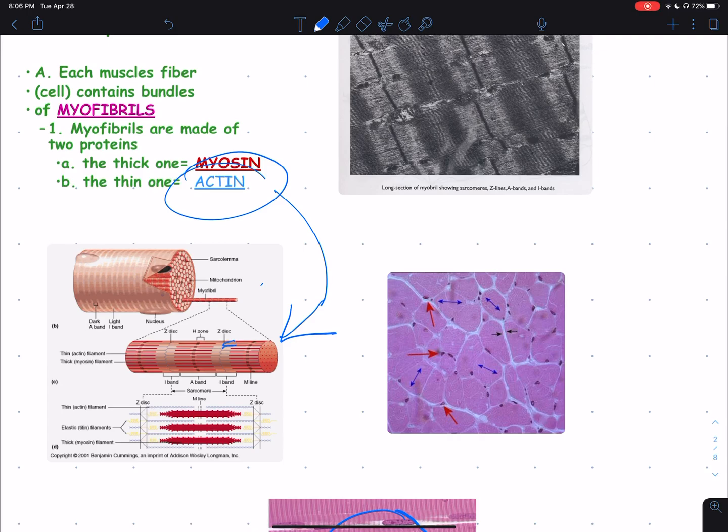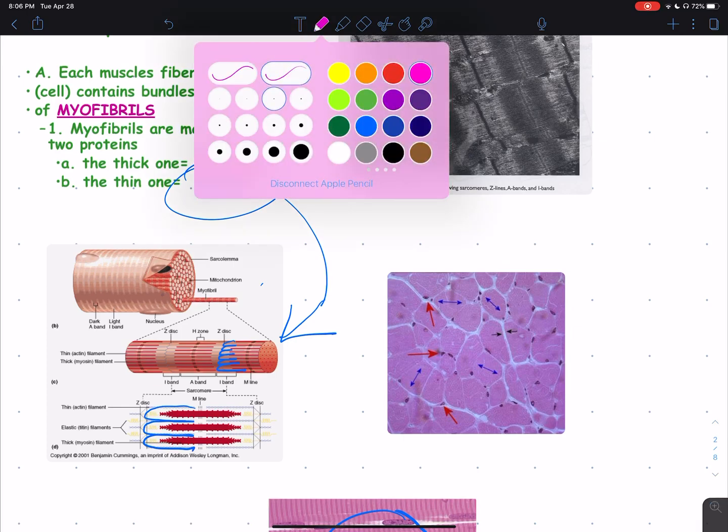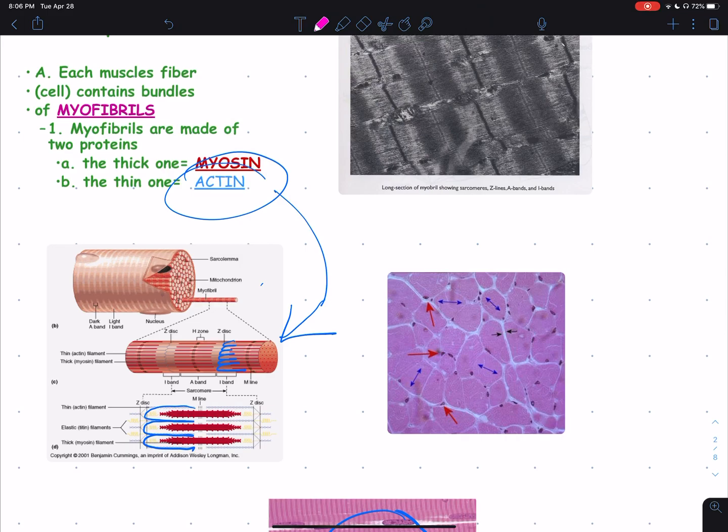Do you see how they look like this? That's these right here too. Okay, and I need you to notice that they don't touch at the middle, at the M line. So here's the middle. The middle is the M line.